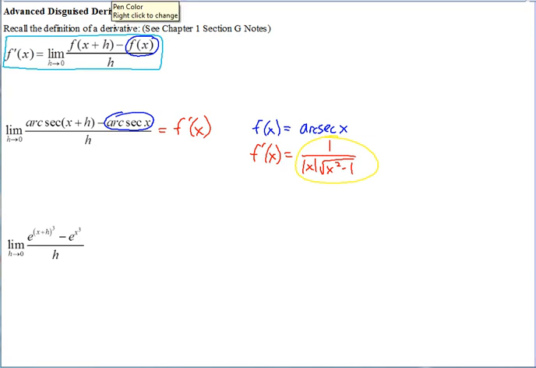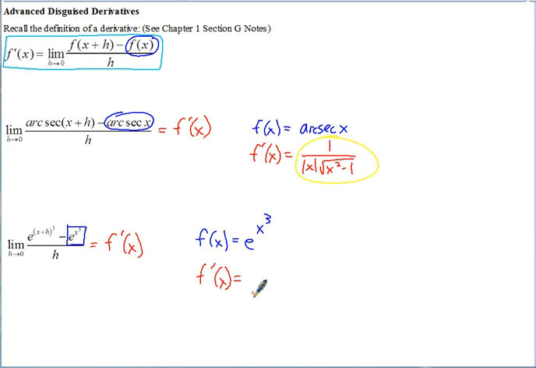Similar thing on this one. Limit as h approaches 0 of e to the x plus h cubed minus e to the x cubed over h. You can see it fits this form here. So again, this limit equals the derivative of some specific function. This time you can see that function f of x is right here, e to the x cubed. So since this limit equals the derivative of that, let's take the derivative the easy way.